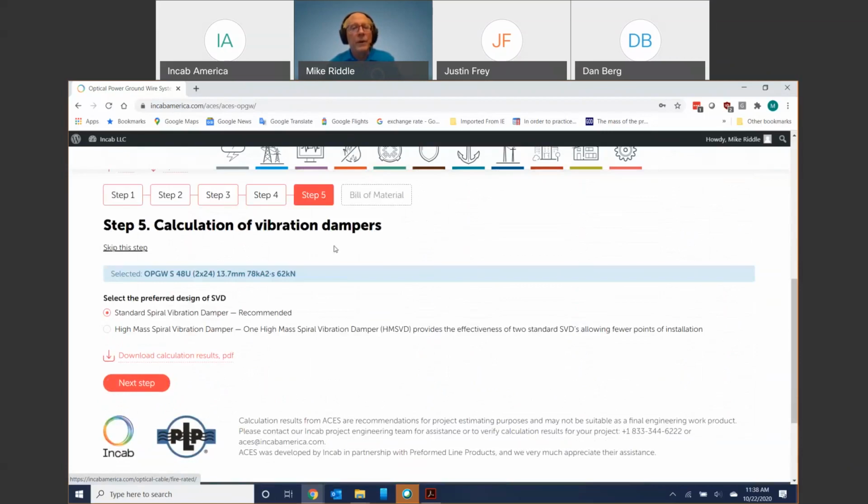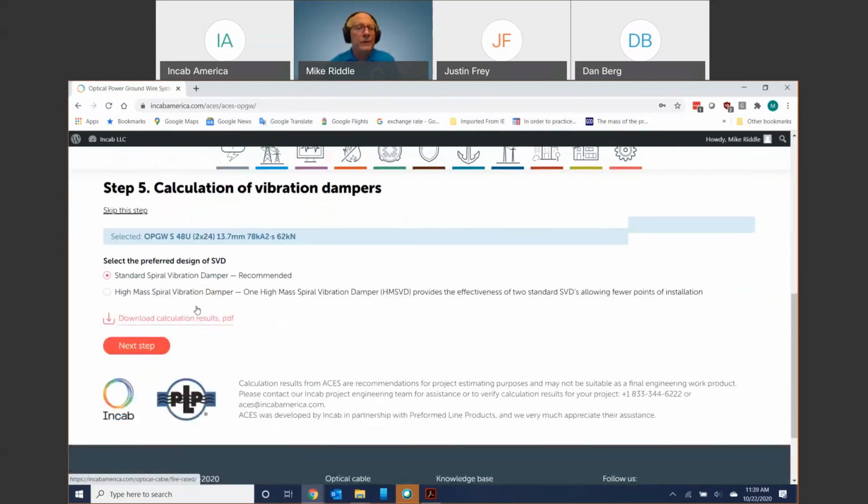look at vibration damage. Right now, 98% of OPGW are less than 3/4 of an inch in diameter, so we consider that spiral vibration dampers are the way to go. There's a so-called standard spiral vibration damper, and then you've got high mass SVDs, where one high mass SVD equals 2 standard vibration dampers.